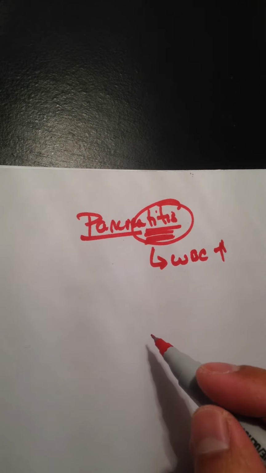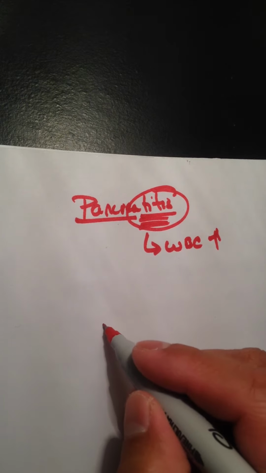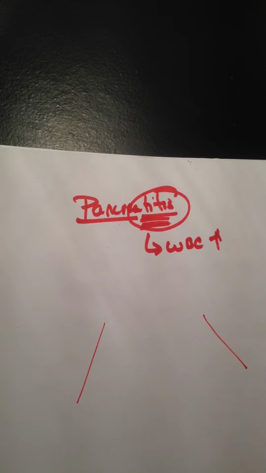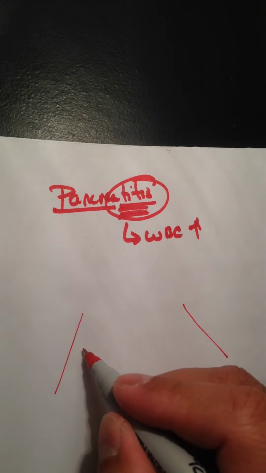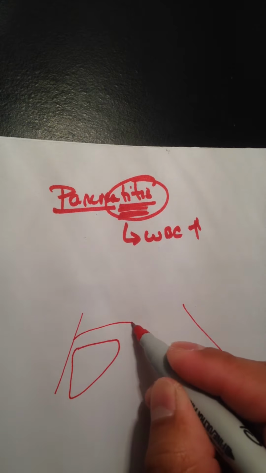And let's use a different size of pen here. And if you refer back to the CT image, this will make a little bit more sense. But just draw a person here. And again, we have the liver here. This would be the diaphragm.